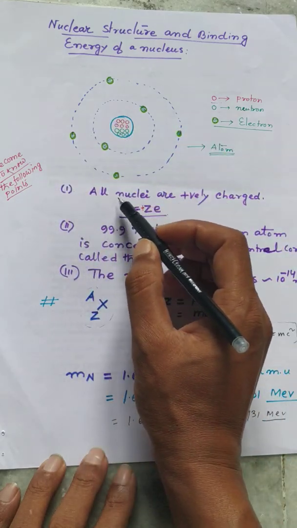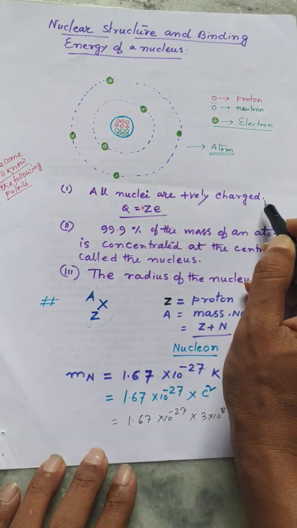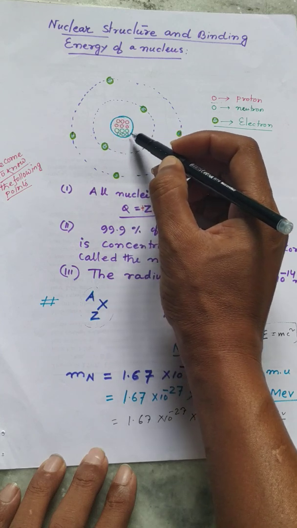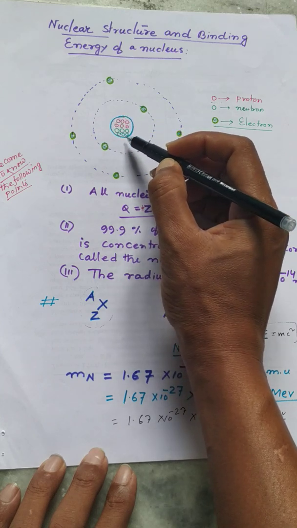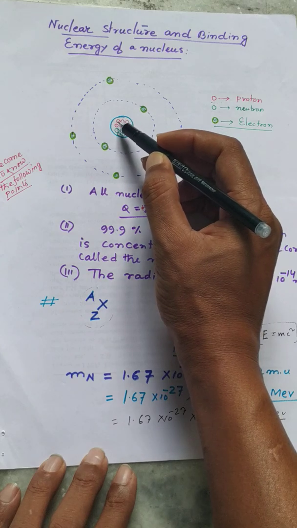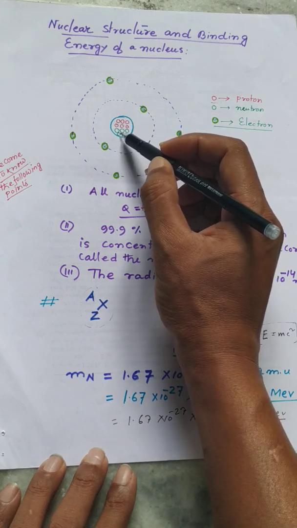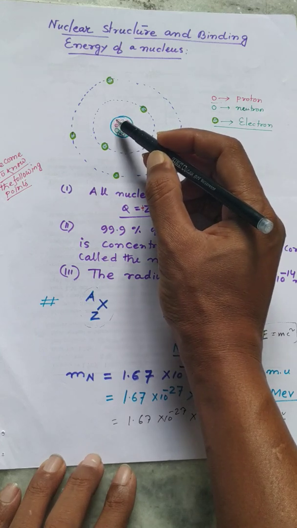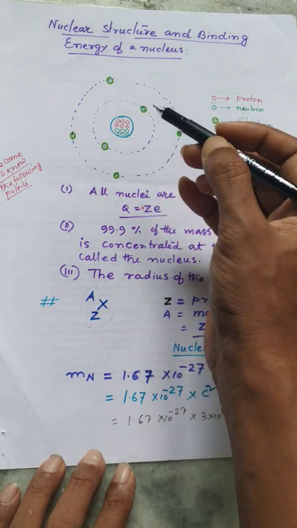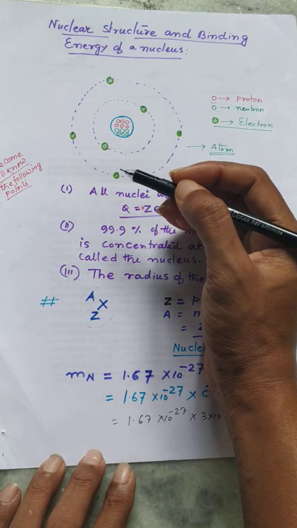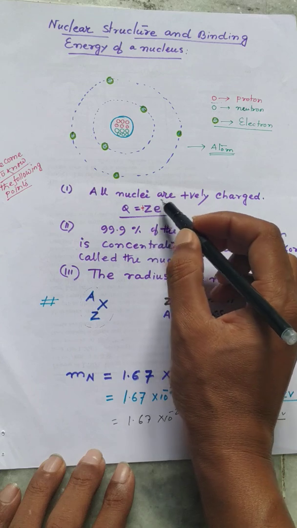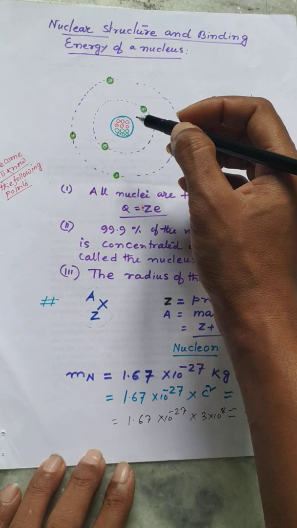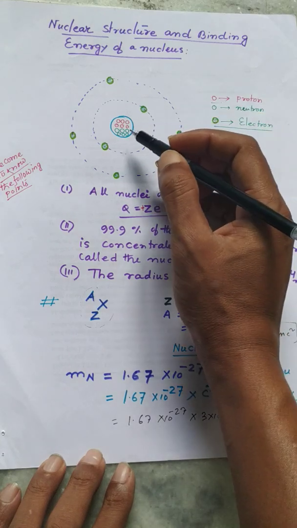Number one, all nuclei are positively charged, because the nucleus is made up of protons. These are the protons and these are the neutrons. According to the experiment, the charge of the nucleus is positive, but we can calculate its value.